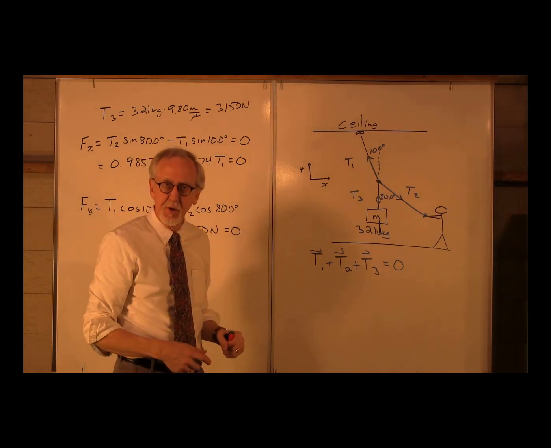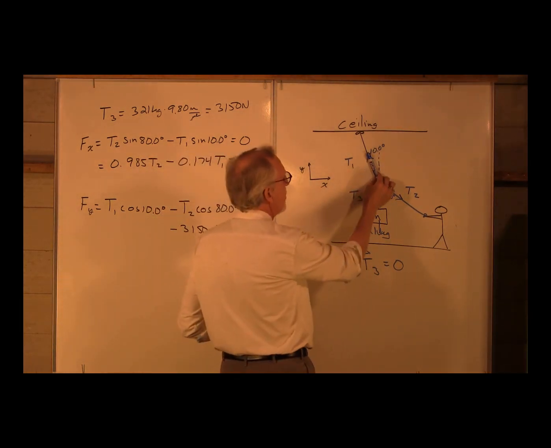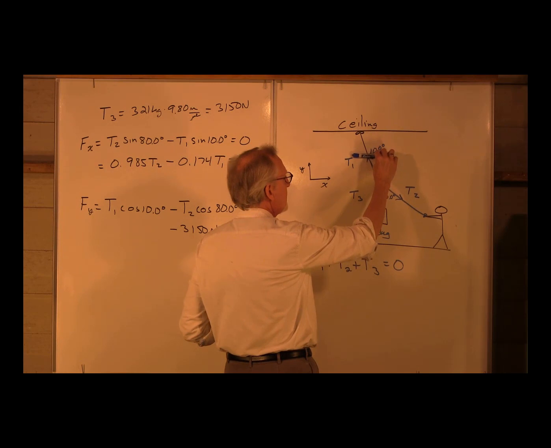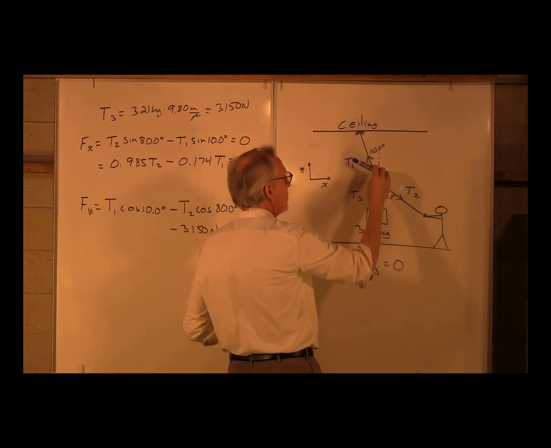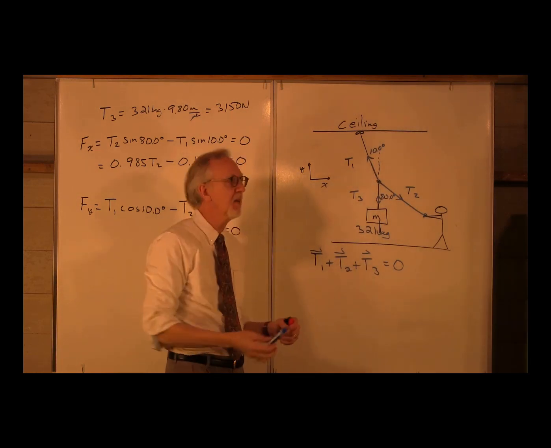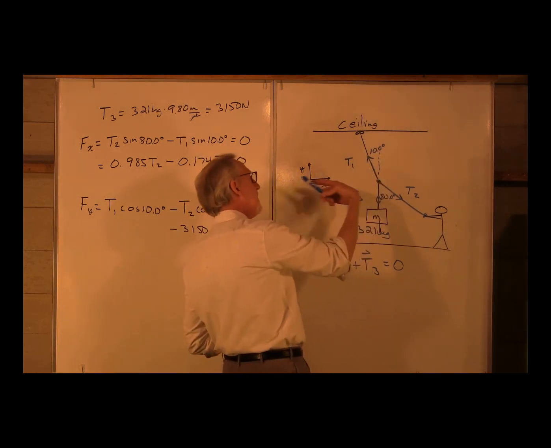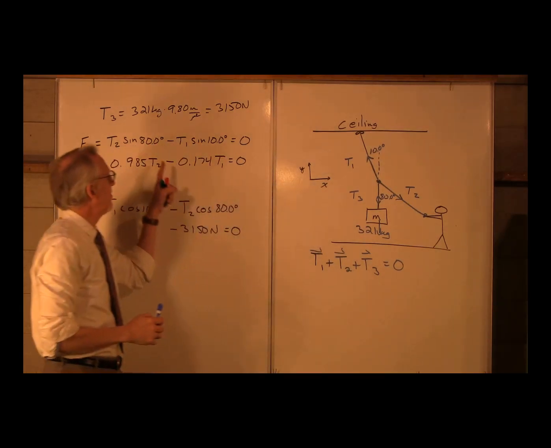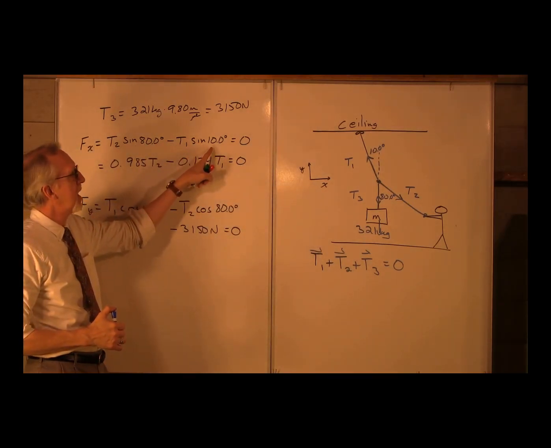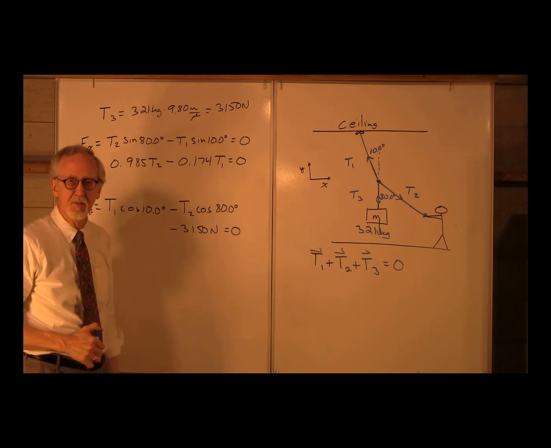What about the x component of T1? The x component of T1 is going to be this side, which is again opposite the 10 degrees. So it's going to be T1 sine 10, but notice T1 is pulling to the left, the x component is negative. So we have minus T1 sine 10 degrees equals 0.